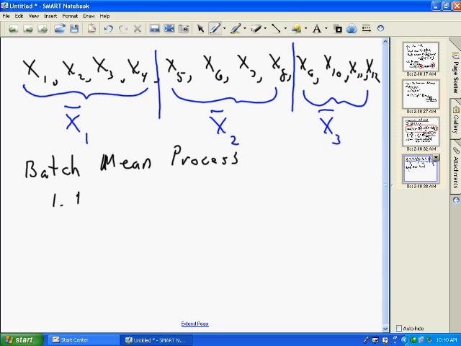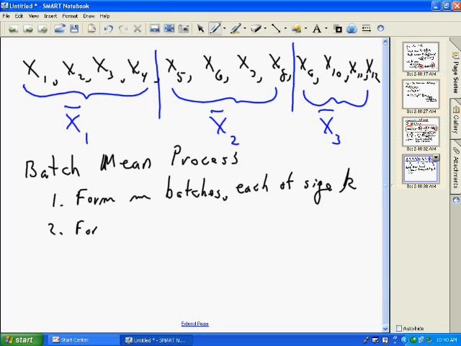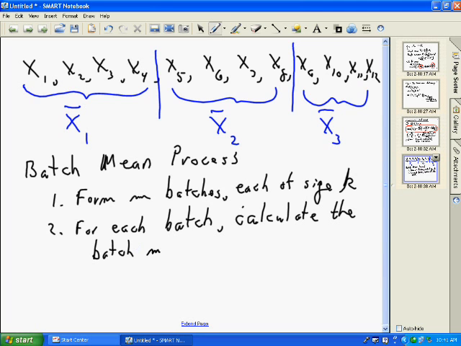Step 1: form M batches, each of size K. For each batch, calculate the batch mean.